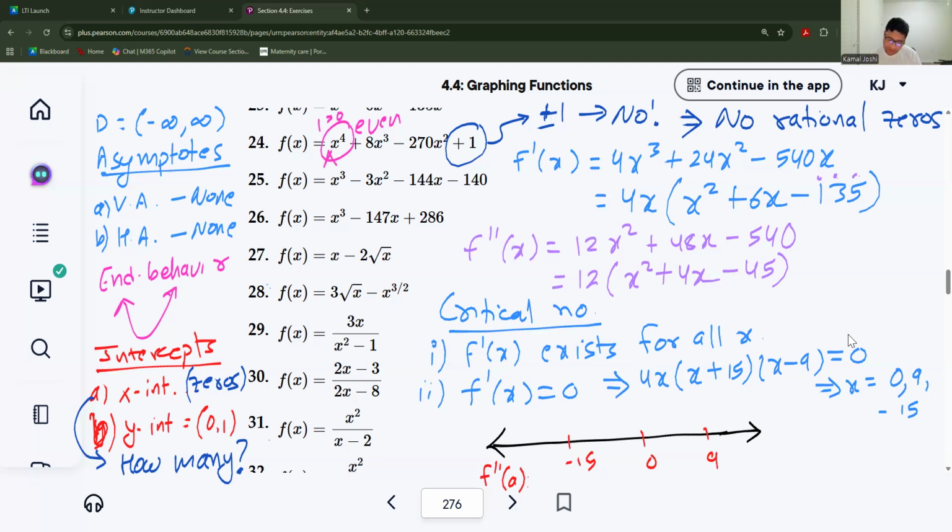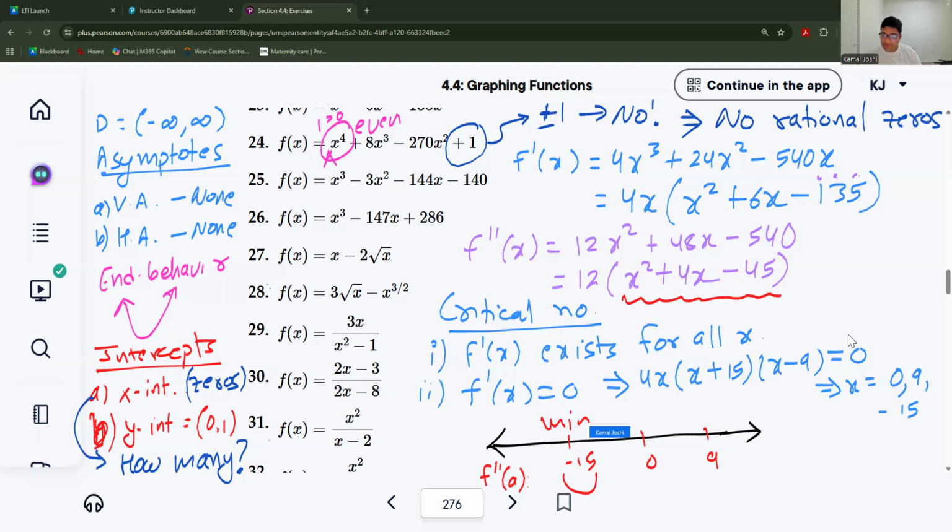Minus 15 squared will be 225, and immediately I see it's going to be positive because you see here, this is the factor. x squared plus 4x minus 45 is the second derivative. Now, if you plug in minus 15, you get minus 15 whole squared, which is 225. So that's concave up there, which means this is a point of minimum.